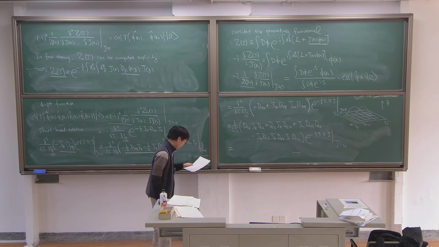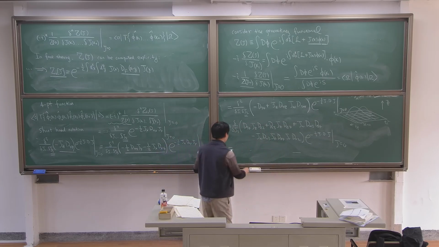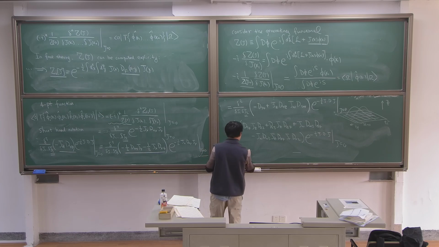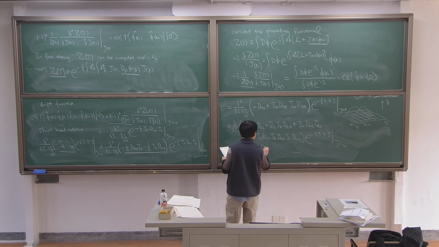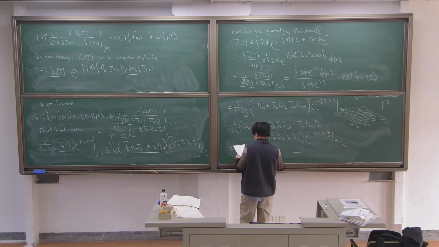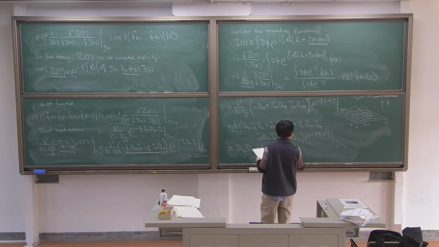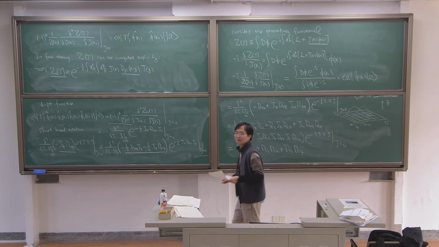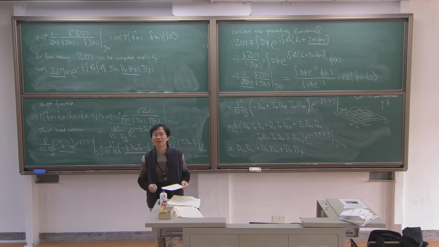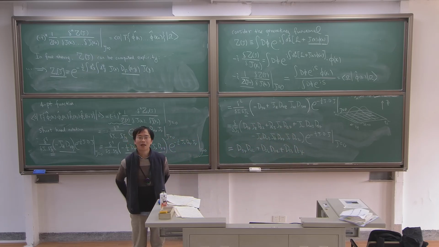The last step, we just obtain D34, D12 plus D23, D14, D13, D24. Okay. So this is precisely the result we derived by other means.